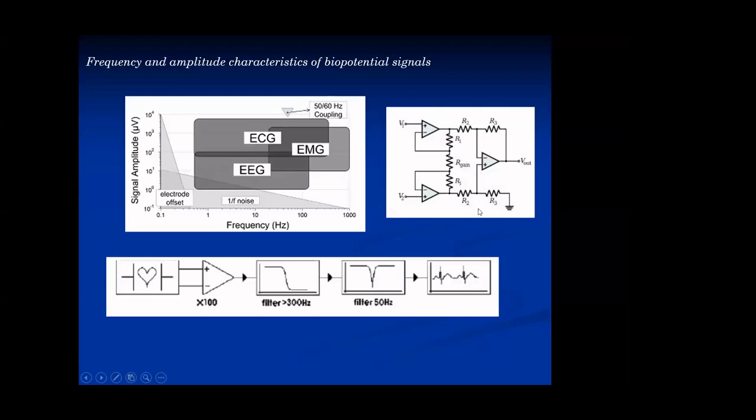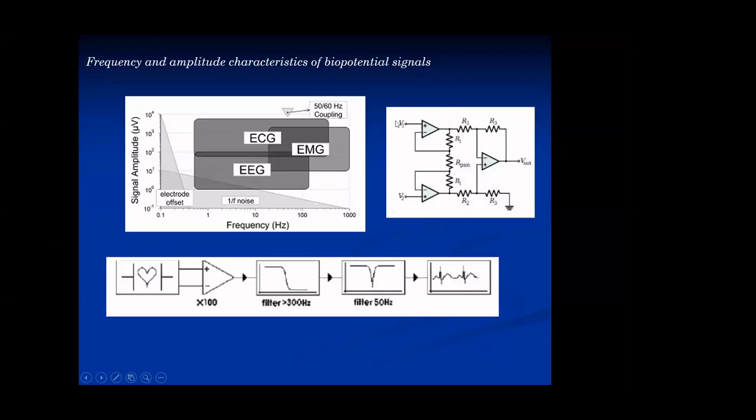That noise will be rejected very efficiently by using this instrumentation amplifier. In addition, it has high input impedance, because of that the loading effect will be less. The signal coming out of the isolation amplifier will be faithfully reproduced because of the high input impedance.